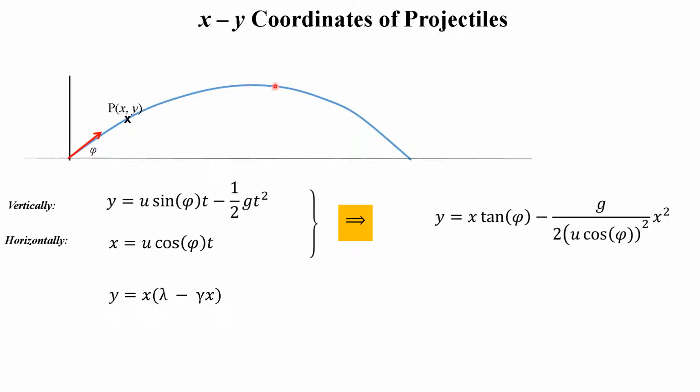This is the curve representing that function, concaving down. Now if you equate y equals 0, you will get two solutions. One of them is obvious, x equals 0, and the other one is here, which is the value of the horizontal displacement as we had earlier.